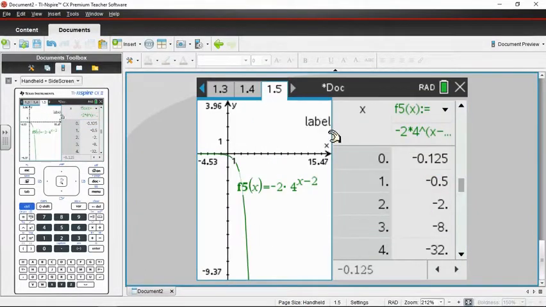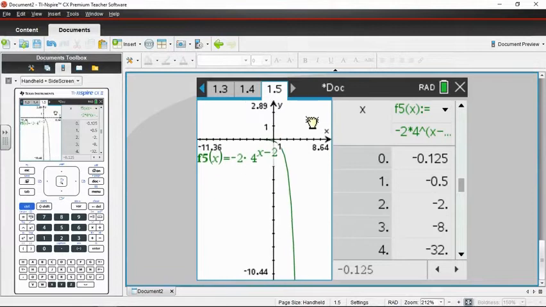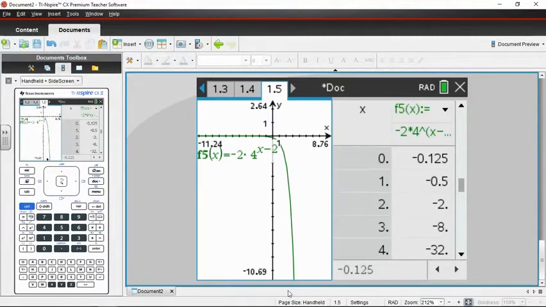The graph is very much a stretch. We can see that it increases in the negative direction very fast. So we have 0 and negative 0.125, 1 and negative 0.5, 2, negative 2, 3, negative 8, and then 4 gets me negative 32, which is off grid.